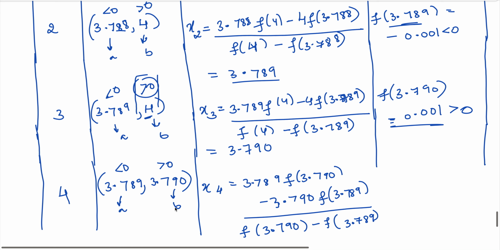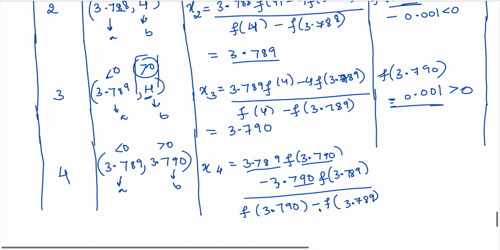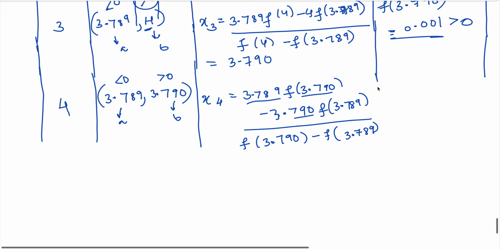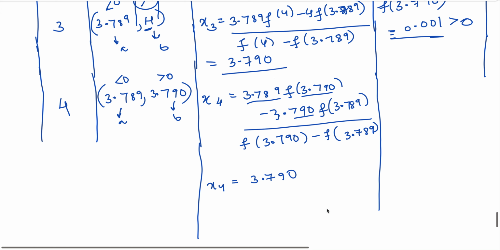So this was our a, this was our b, right? a into f of b minus b into f of a, divided by f of b minus f of a. Now our x4 value is 3.790 again. Previously also we got the x value as 3.790. Now also we are getting 3.790.